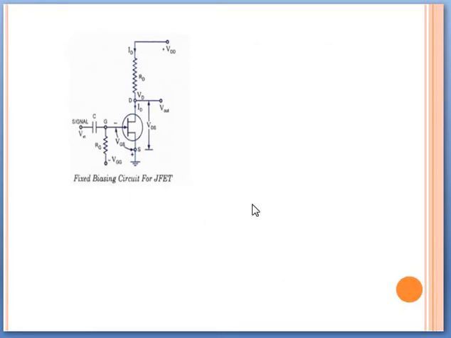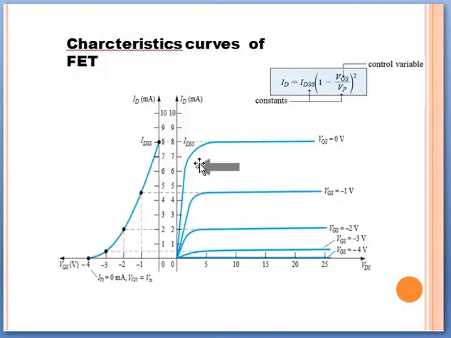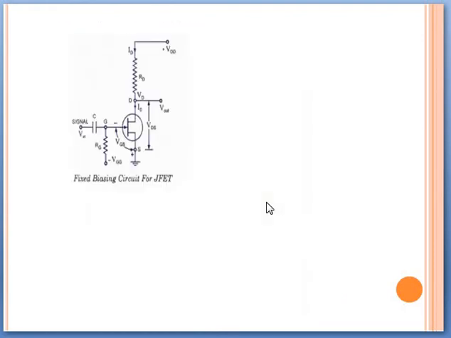To plot these characteristics, we need ID and VGS, so we have to calculate the values. For this, we know the gate current IG of the FET is always equal to 0.